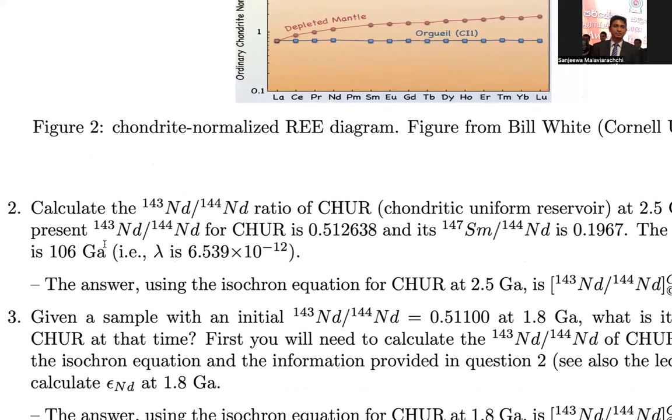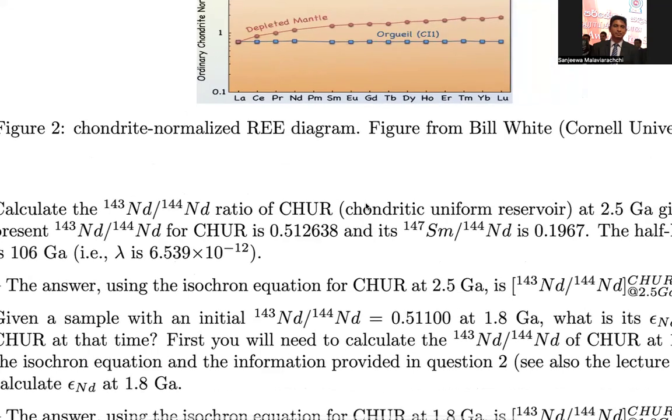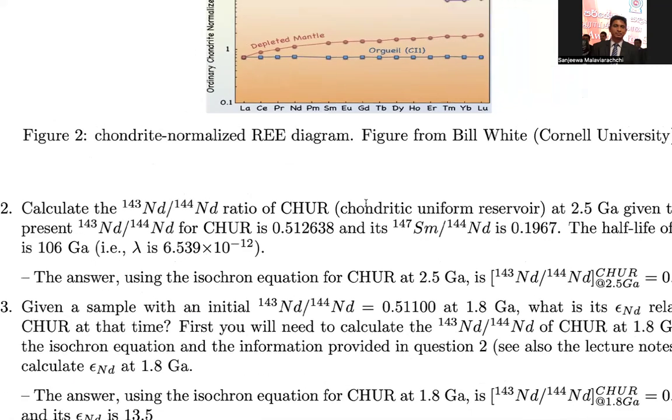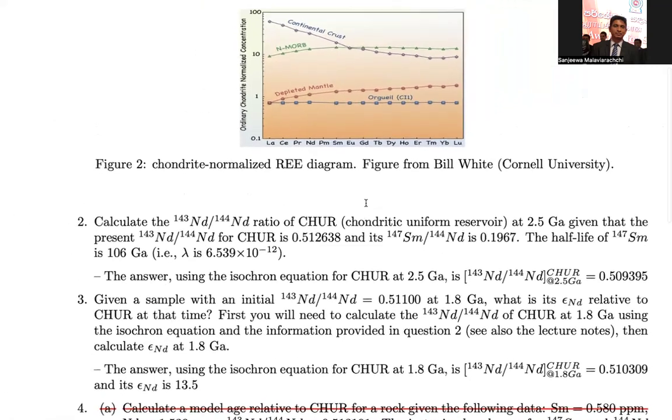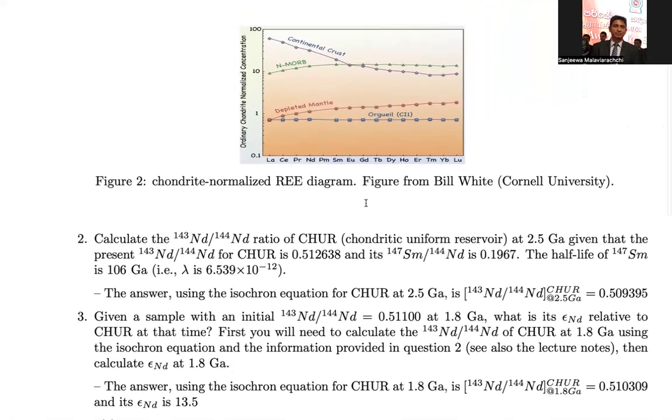Okay, right. Question 2. Calculate the 143 neodymium, 144 neodymium ratio of CHUR, the chondritic uniform reservoir, at 2.5 Ga.